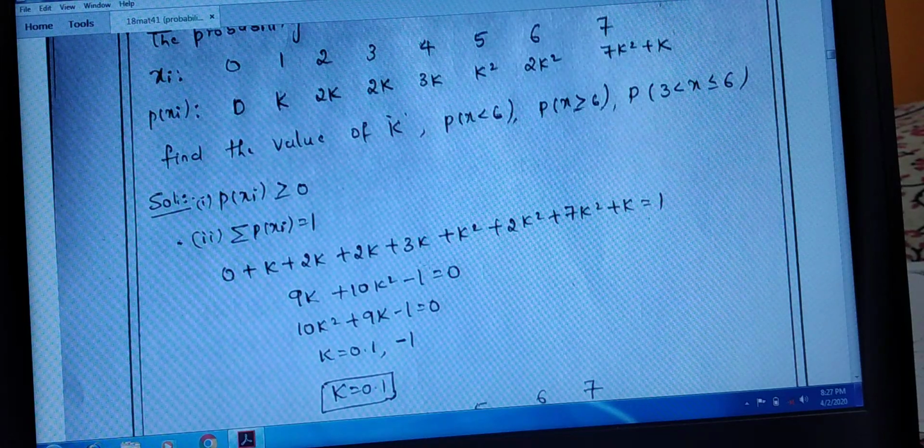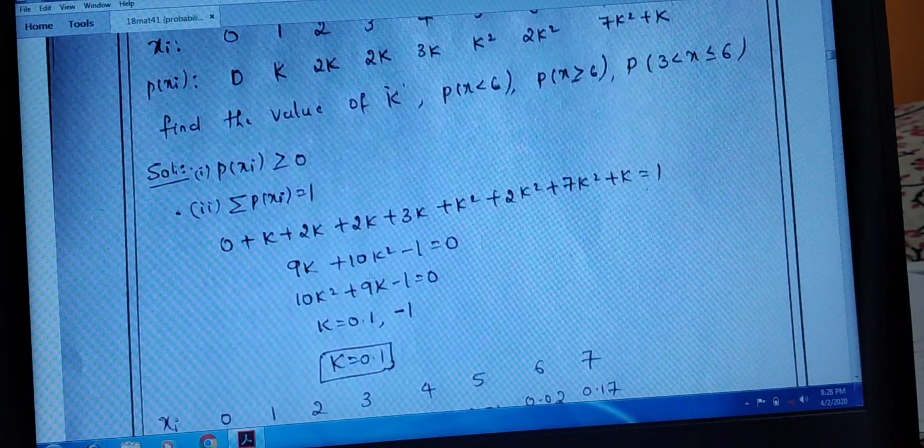Then we have 0 and the real number 1, so take this 1 to the other side: minus 1 equals 0. Rearranging the equation, we get 10k square plus 9k minus 1 equals 0, which is a quadratic equation.